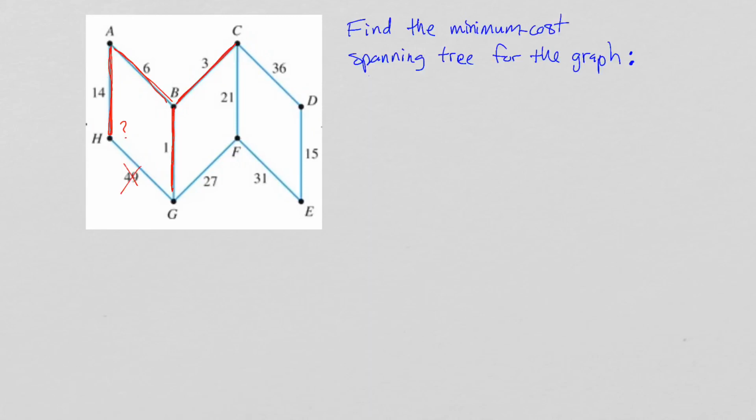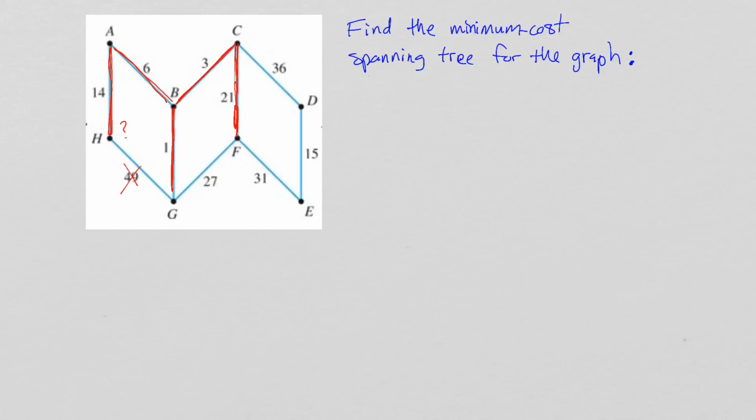And then how do we get to D? Well, let's see, this F. We have 21, 27, and 31. So these are the 3 ways to get to F, and I'm going to choose the cheapest way, which is the 21. And so what about getting to the other side, to the right?